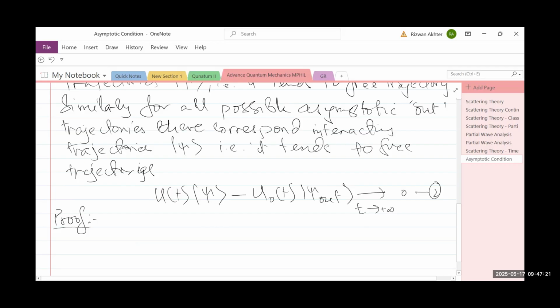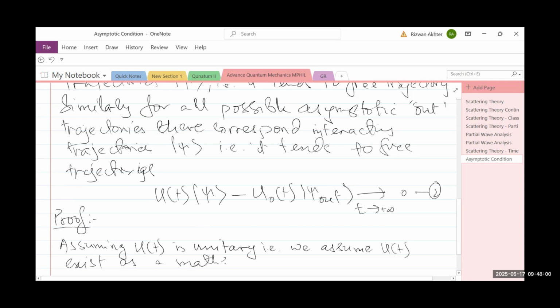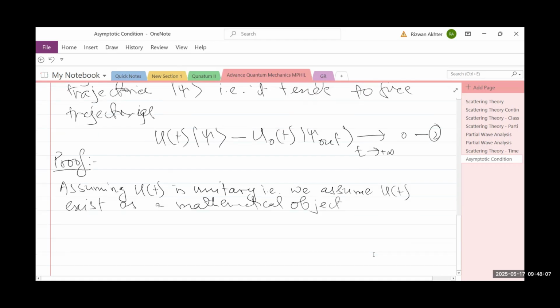And then we multiply these two equations, equation 1 and equation number 2, with this complex conjugate.